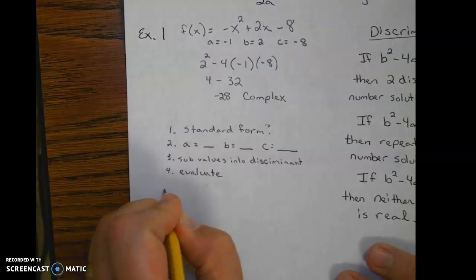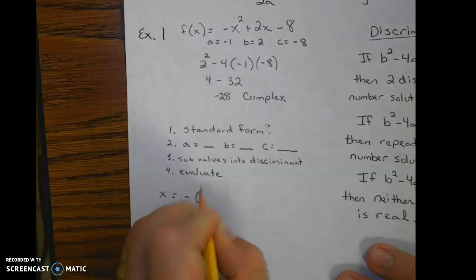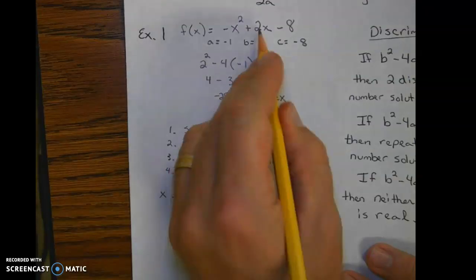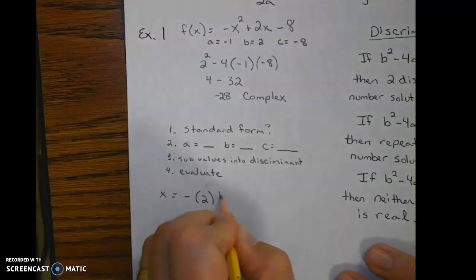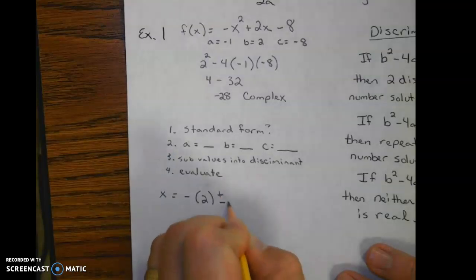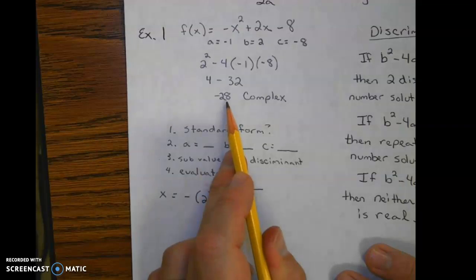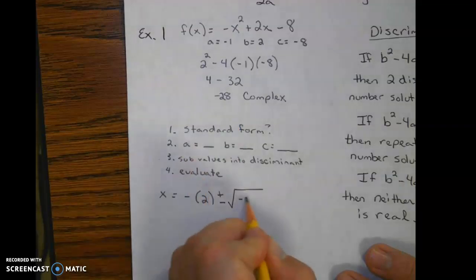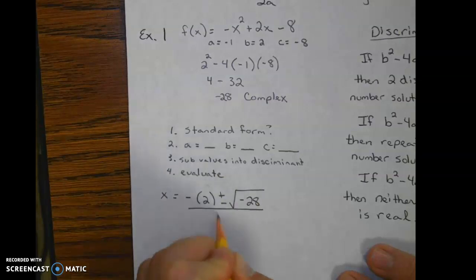So x equals -b, so we're going to substitute in the 2 for b, plus or minus the square root, and we've already calculated the discriminant, so we're going to input the number there, divided by 2 times a, which is -1.